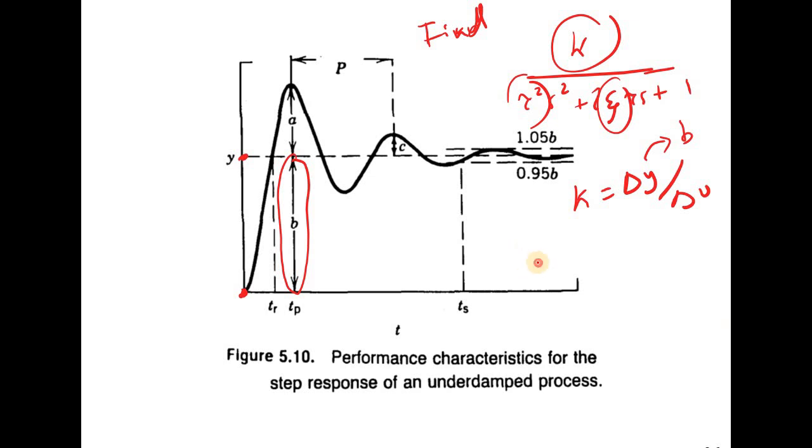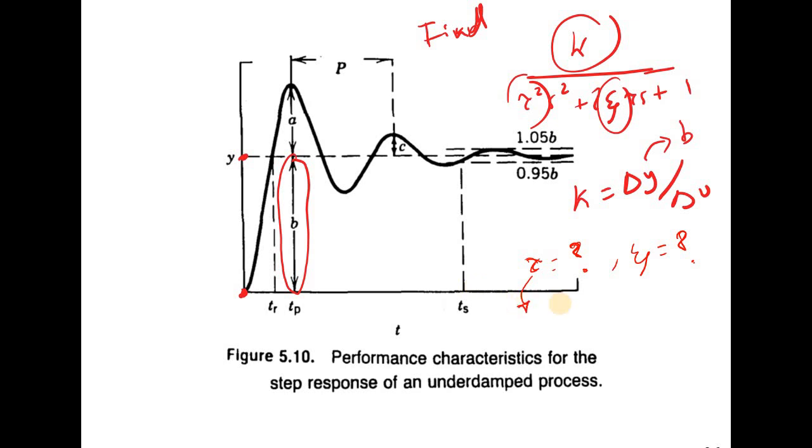However, how can I find Tau and how can I find Xi, so that I can find this transfer function? Well, the way you can find Xi and Tau is by looking at some values of the overshoot. Tau is a constant, right? It is time.